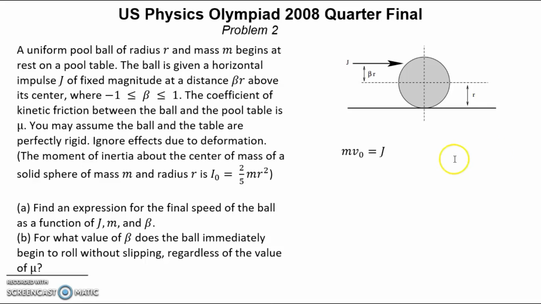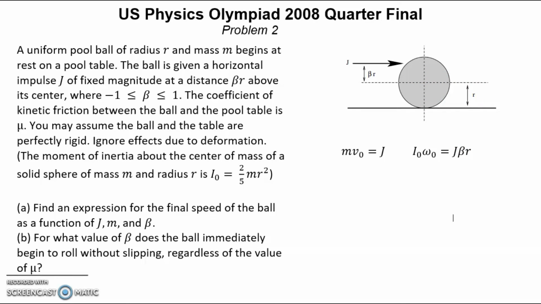On the other hand, after this impulse we have rotation around the center of mass, and we can write this expression: I0 omega0 equals j multiplied by the distance from this axis of rotation, which is beta r.